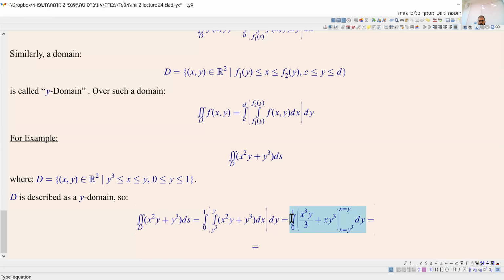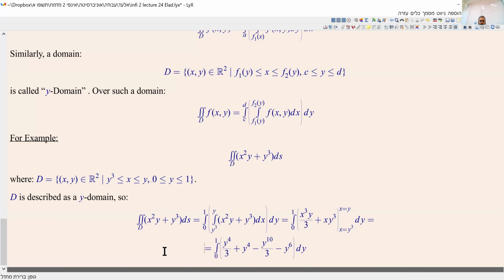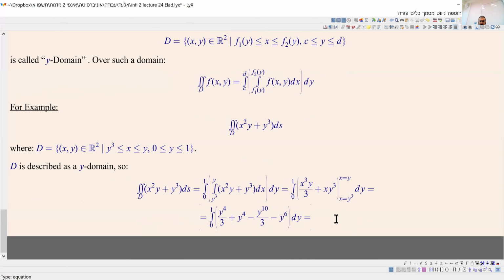Now, putting in y instead of x leads to y to the power 4 plus y to the power 4, minus x is y cubed, gives us here y to the power of 10 minus y cubed, y cubed is y to the power of 6, without the limits. Yet again, we know how to calculate this integral.